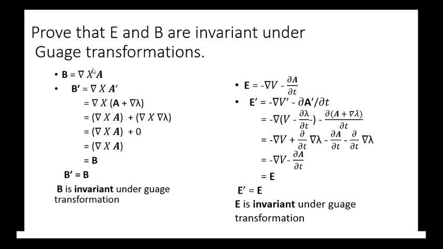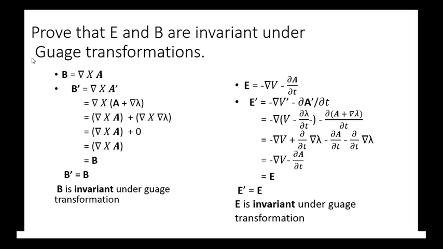So first we are checking for the magnetic field B, which is equal to del cross A. Now we are going to find out B dash, which will be obtained by taking the curl of A dash, where A dash is equal to A plus del lambda, that is adding a gradient of a scalar function to that of a magnetic vector potential will give you the new magnetic vector potential A dash.